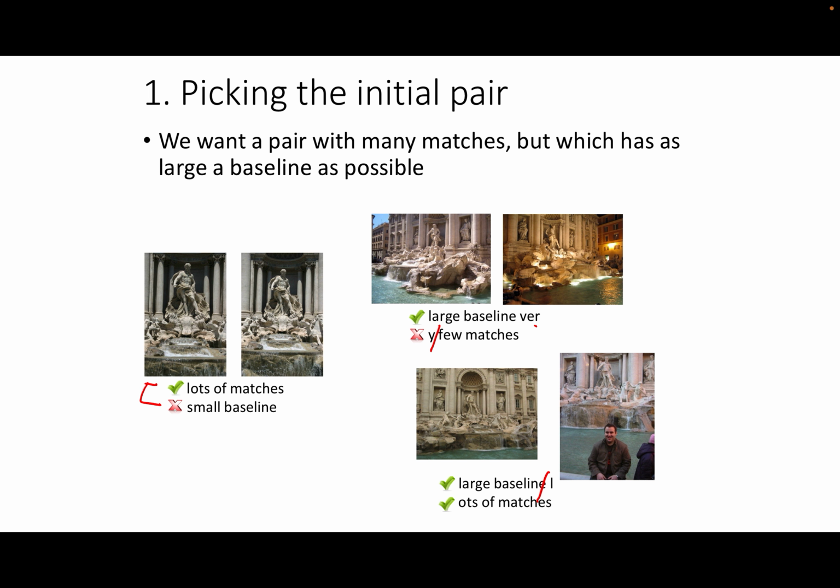So we learn baseline. Remember what is baseline? In epipolar geometry, we learned baseline is the distance between cameras. So there is camera 1, this is camera 2, and they shoot rays to a point, and this is the epipolar plane.